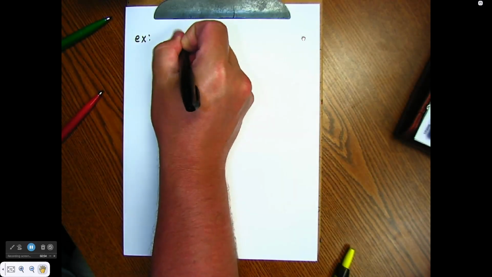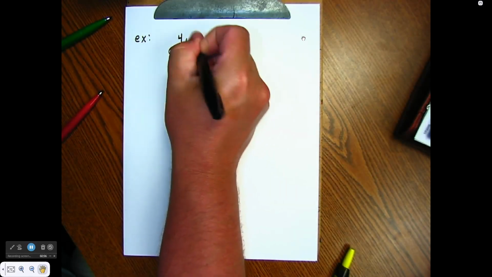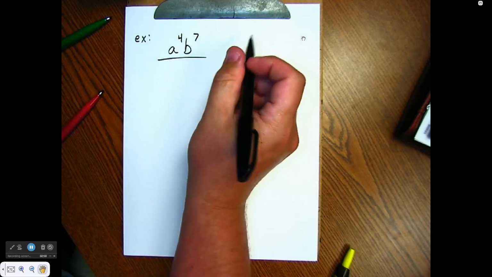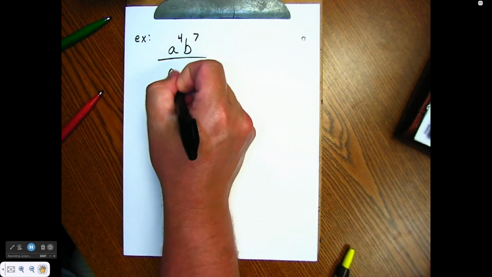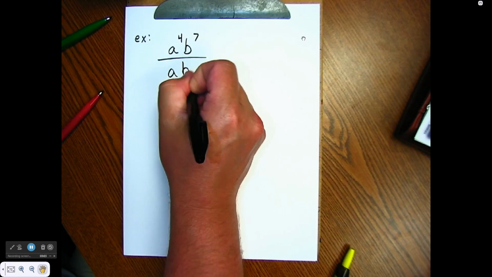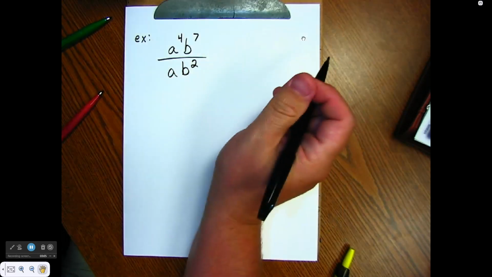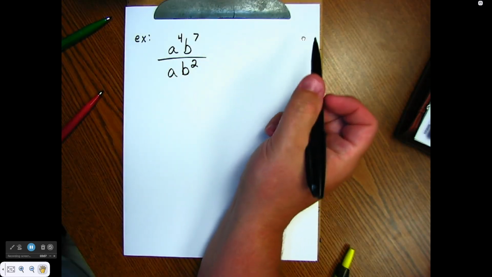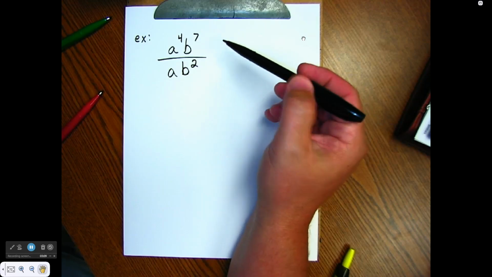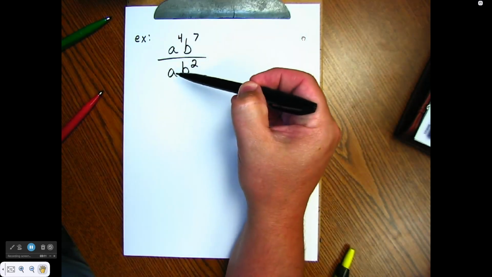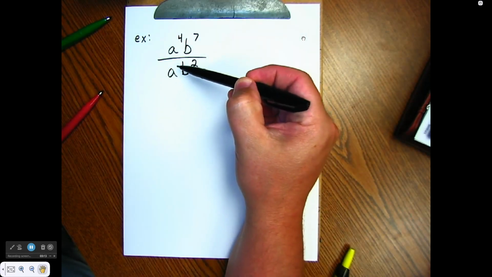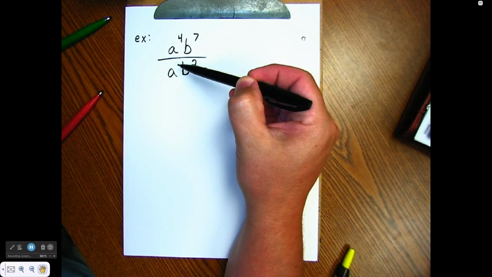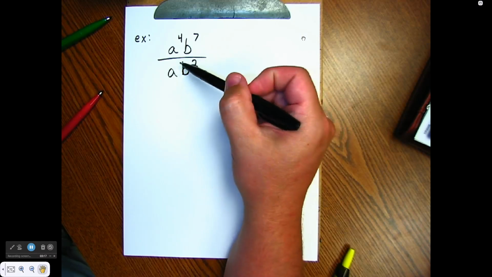A to the power of 4 times b to the power of 7 divided by a times b to the power of 2. Real quick, let me point out, look on bottom. This a does not have an exponent visible, so it's understood to be an exponent of 1.